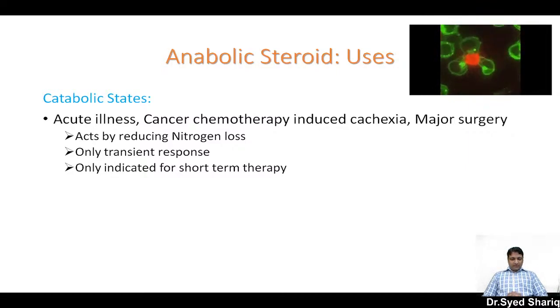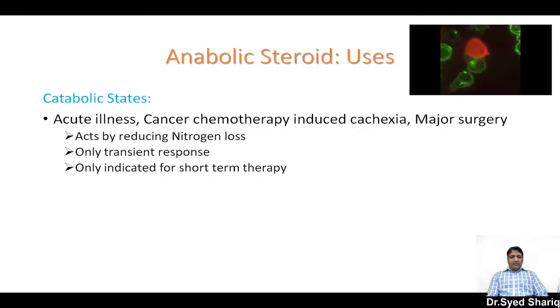So therefore, in short chemo cycles, or in a short time after surgery, or in acute illnesses, this might be a pretty good help. But in chronic conditions, it might not be a very good idea to give anabolic steroids for a longer duration because of the side effects that they have.